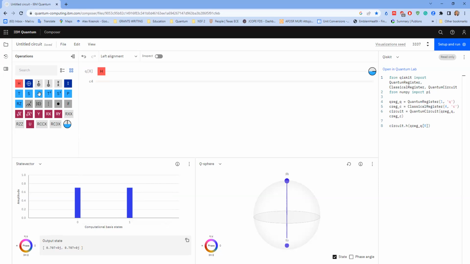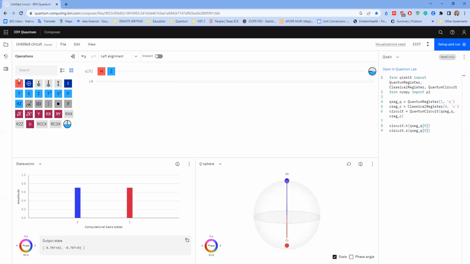Then I have to apply the gate Z, which basically rotates the state around axis Z, and in this case this leads only to a change of the phase of the state 1 by the phase phi.